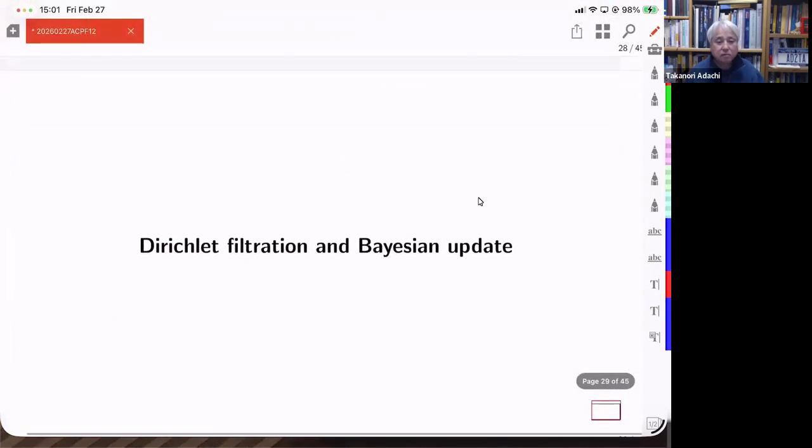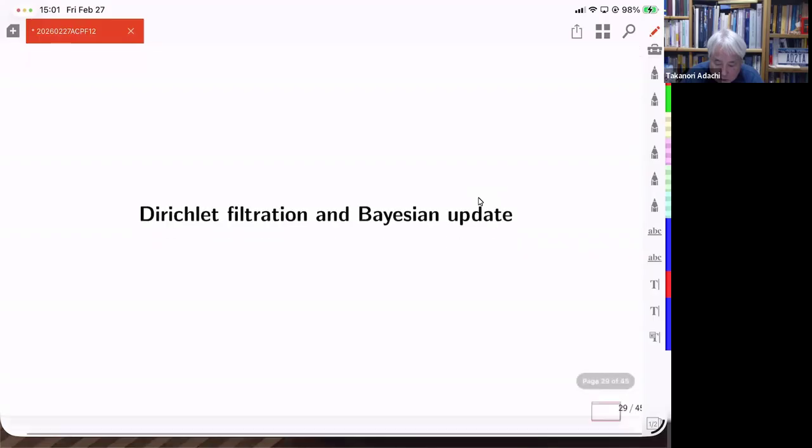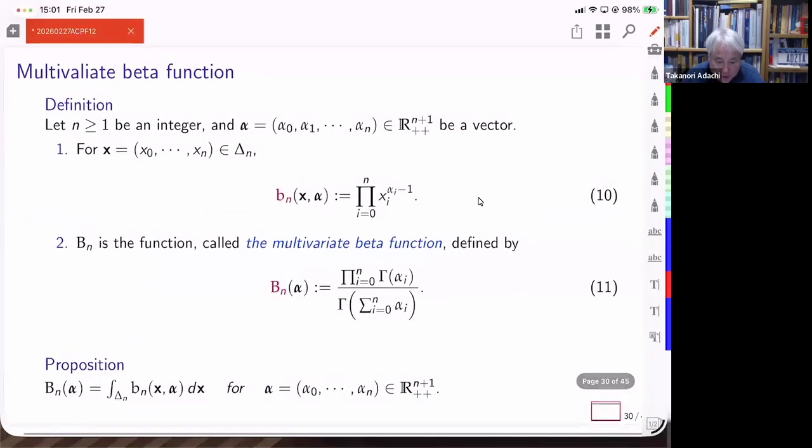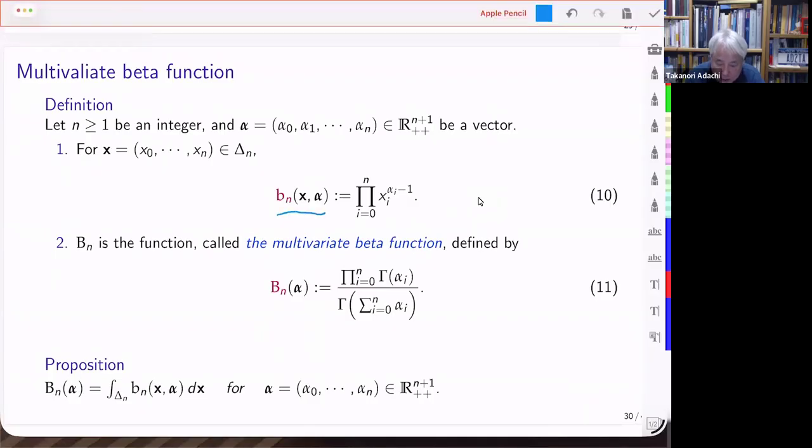Okay, now we step further with a more concrete explanation of the sigma filtrations, which is a degree filtration. This is the final part. We have some small, very well-known functions, beta functions. We define these B_n functions with the parameters alpha_0 to alpha_n, and x is a vector x_0 to x_n inside the simplex.